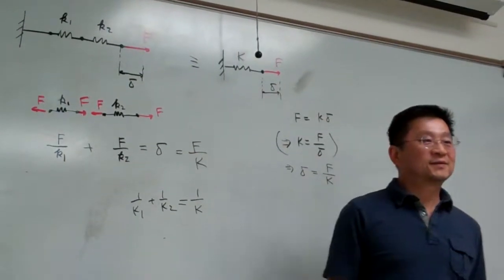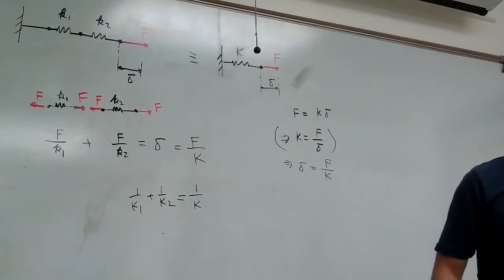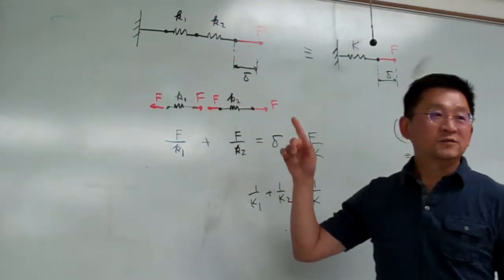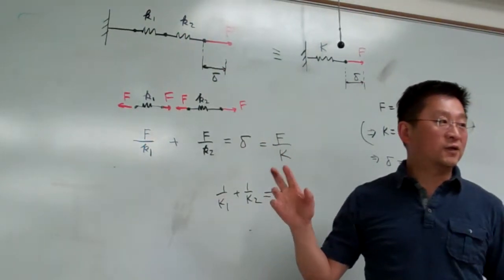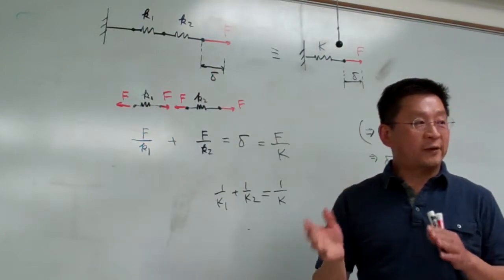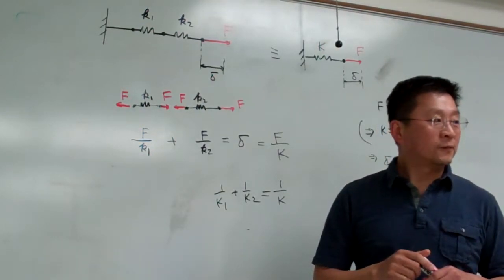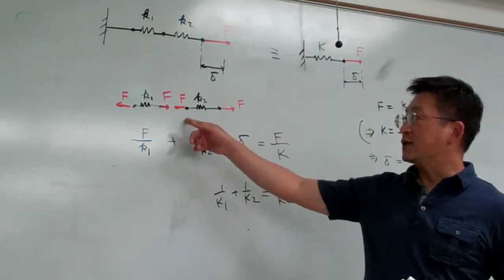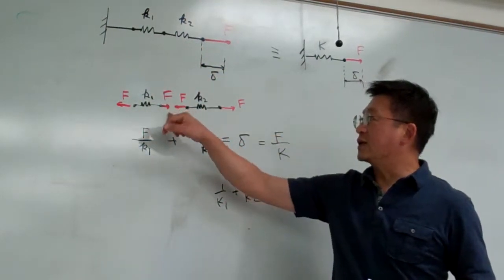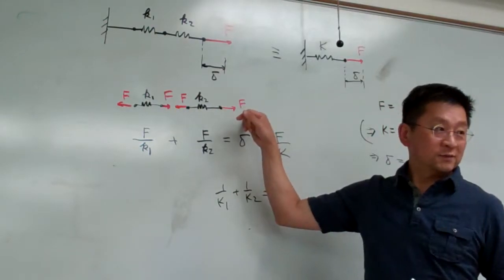Yes. The displacements are different, but the loading is the same. Okay, good. So the loading is the same. So take this feature to justify whether the spring connection system is in parallel or in series. In series connections, the feature is such that each component of the spring takes the same amount of force.